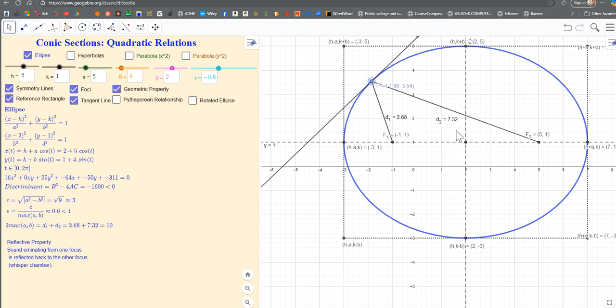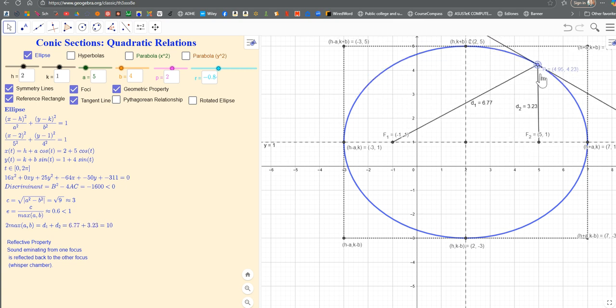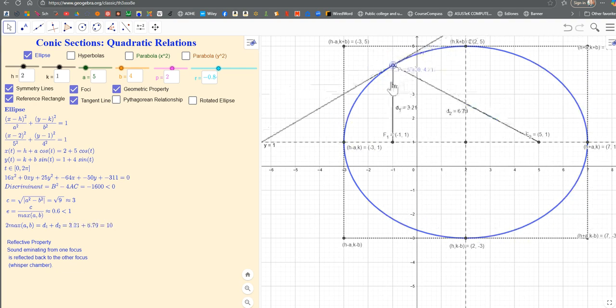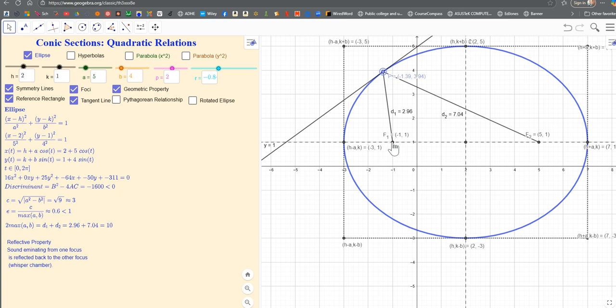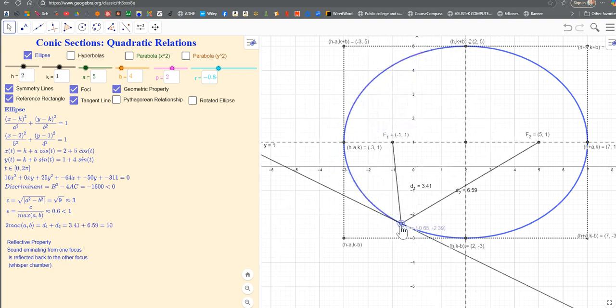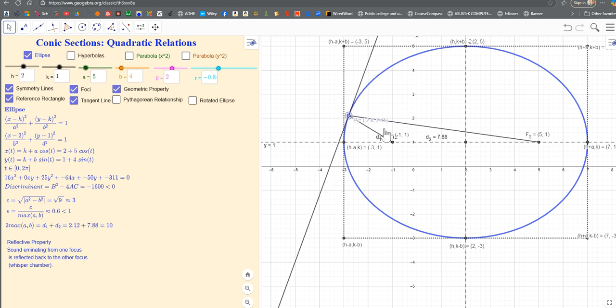People in here cannot hear you, but because every sound coming off of that, no matter which direction it's going, is reflected back onto this other focus, if someone is at this other focus, they're going to hear it clearly, almost as if they're standing right there next to you, whereas people at other places in the room maybe can't hear it at all. So there are some interesting reflective properties there that some of these conic sections have as well.